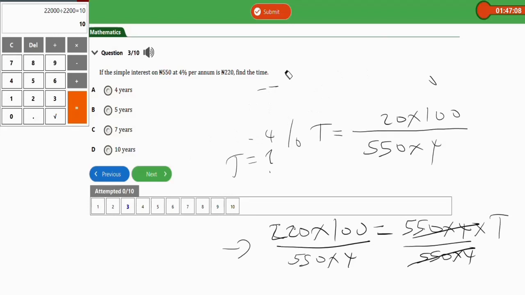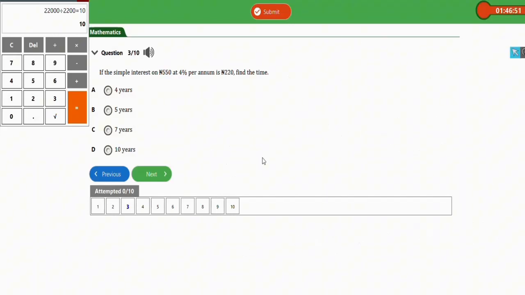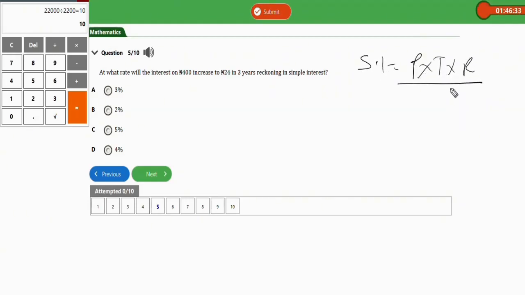Questions on simple interest are usually very easy, guys. So the next question is this. At what rate will the simple interest on 400 naira increase to 24 naira? Let's get the formula: simple interest equals principal times time times rate over 100.